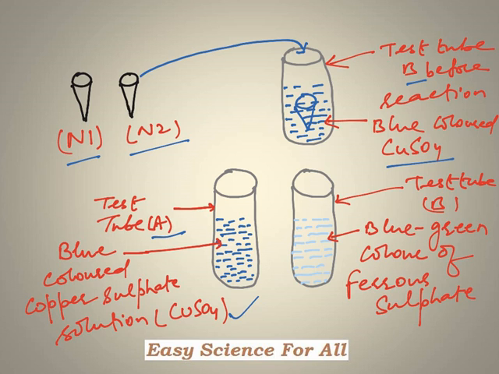I kept this nail in this test tube B for approximately 20 to 25 minutes. I kept this nail N1 for comparison purpose. I didn't utilize it in the reaction. After 20 to 25 minutes, I took out this nail N2 and compared it with nail N1.